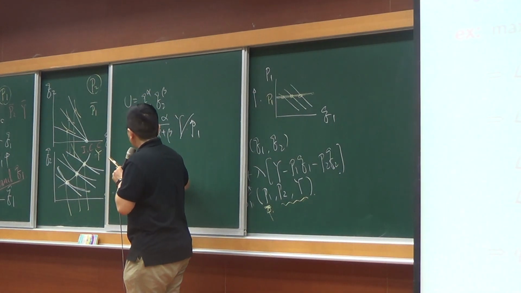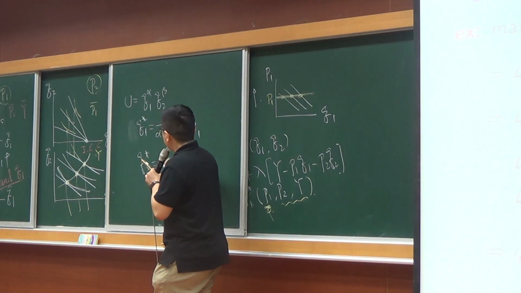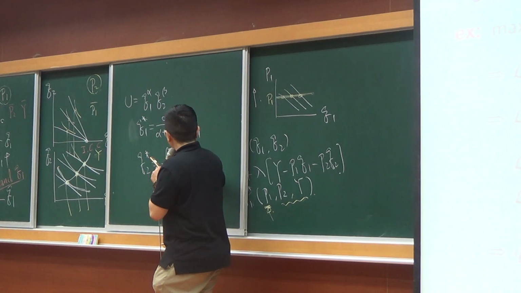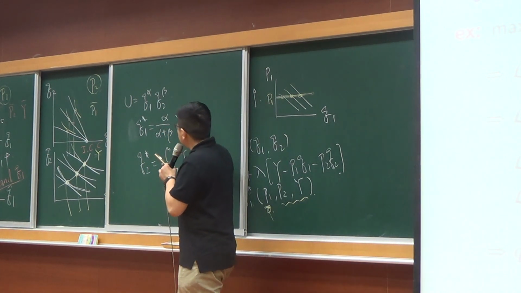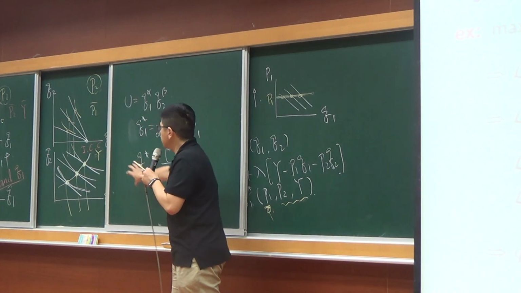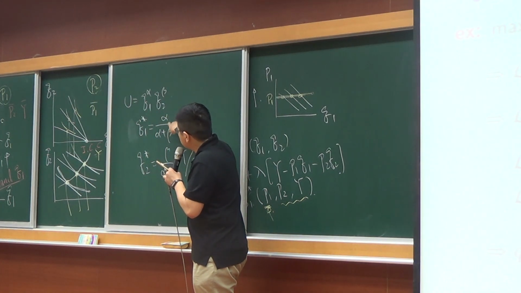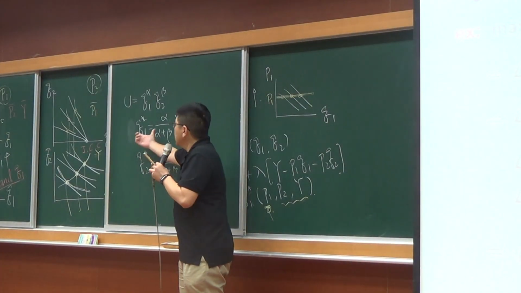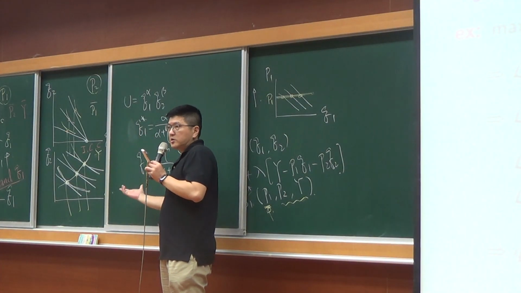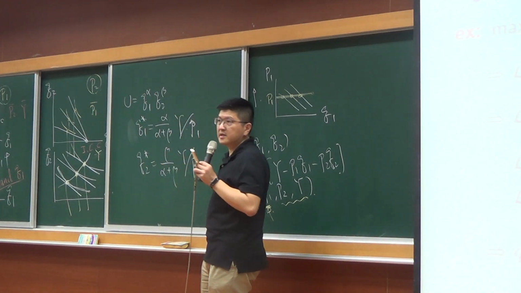And Q2 star equals beta over alpha plus beta times Y over P2. So you will see P1 Q1 star to P2 Q2 star will be alpha to beta, right? The proportion of the total expenditure on good 1 and good 2 would be alpha to beta.